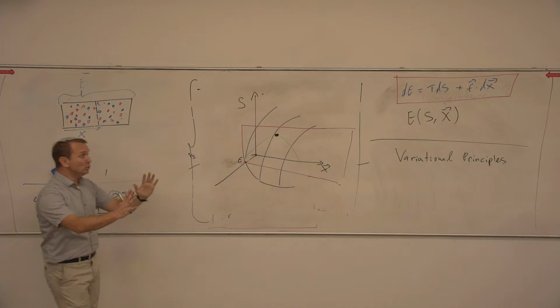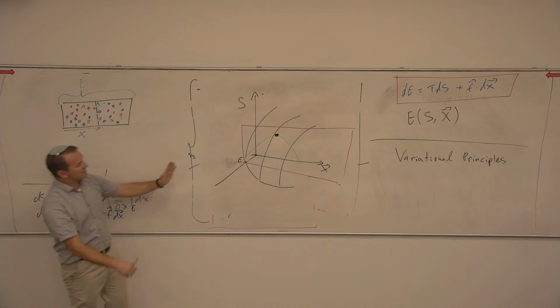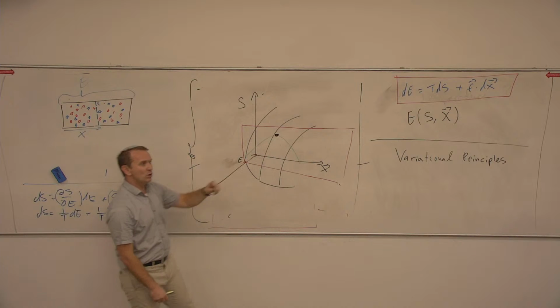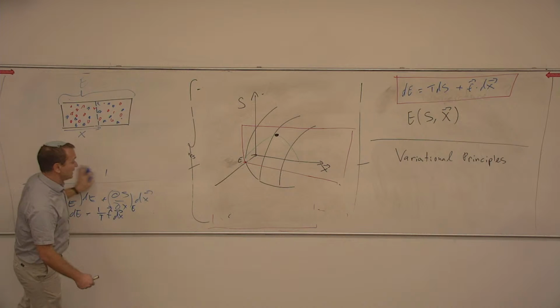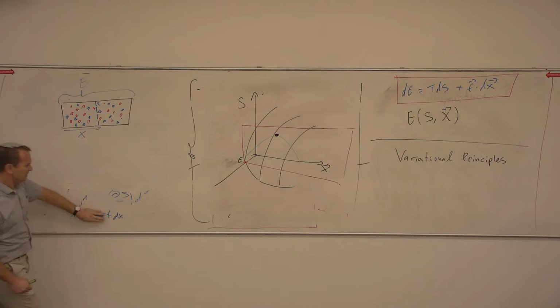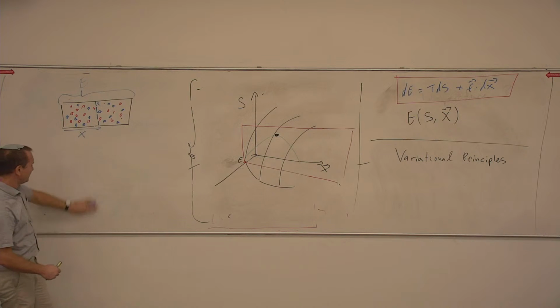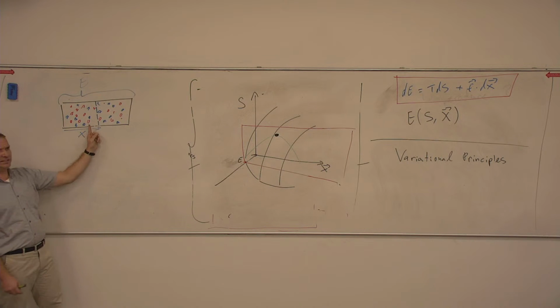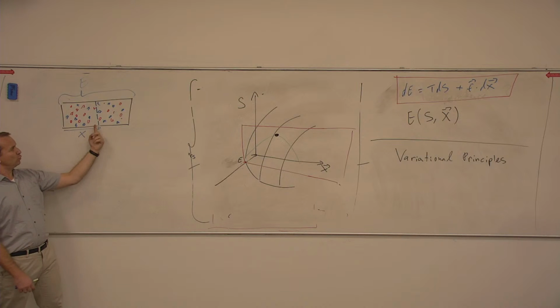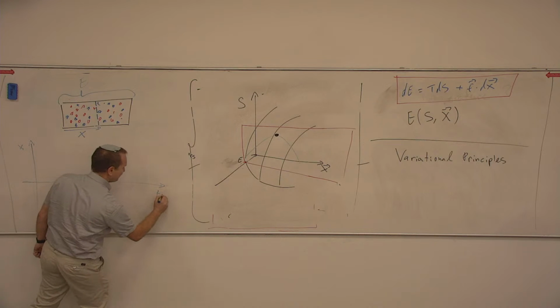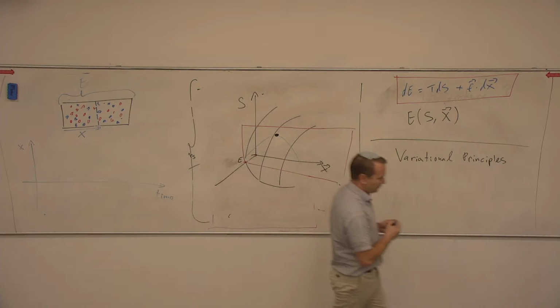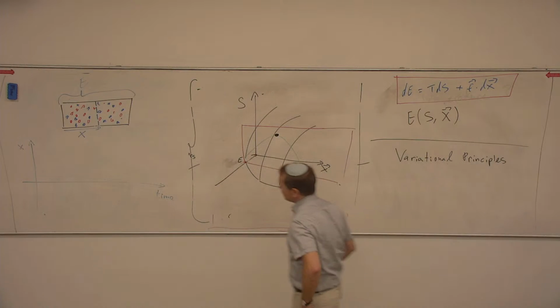If you leave your system on its own, there's always some maximum value where it's going to be stuck, and this is the equilibrium state. Now in practice, if you do this experiment at home, you will see that the membrane never sticks to one specific position. If you look at x as a function of time, you will see something that looks like this.